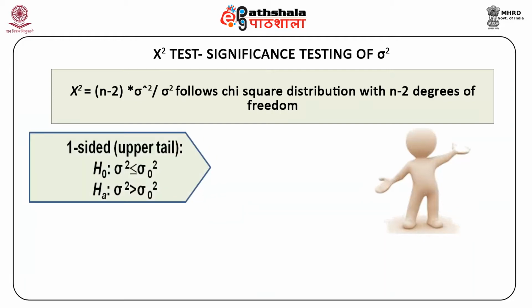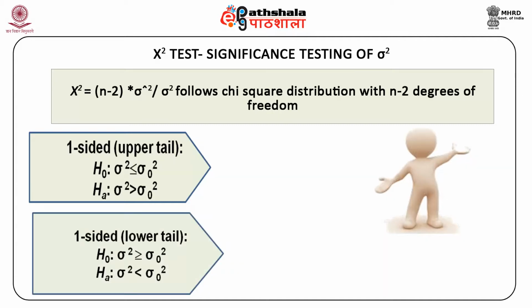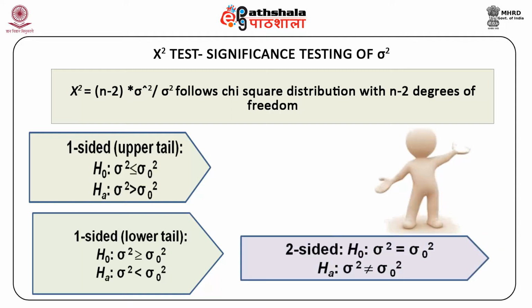One-sided upper tail: H0 is sigma squared less than sigma 0 squared, and HA is sigma squared greater than sigma 0 squared. One-sided lower tail: H0 is sigma squared greater than sigma 0 squared, while HA is sigma squared less than sigma 0 squared. Two-sided: H0 is sigma squared equal to sigma 0 squared, and HA is sigma squared not equal to sigma 0 squared.